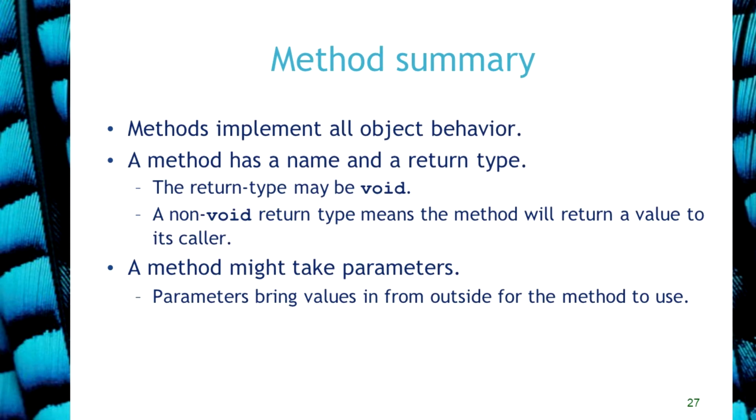If a method has a non-void return type, it will return some data to the place it was called from. And that data will almost certainly be used in the caller for further calculations or program manipulations. Many methods, though, have a void return type and return nothing, but they still perform a useful task within the context of their object.